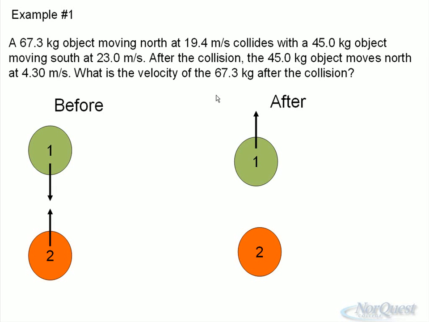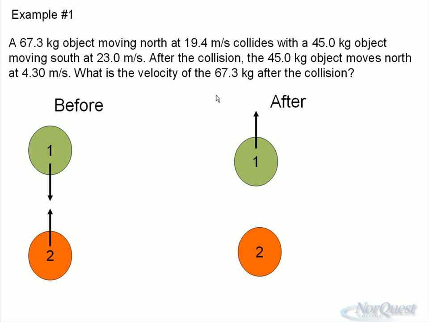Now what we're going to look at are a few calculations involving conservation of linear momentum. The most important thing when you're dealing with conservation of momentum in these two lessons, whether it's linear or two-dimensional, is this diagram. This diagram, the before and after picture, will make or break your problem.